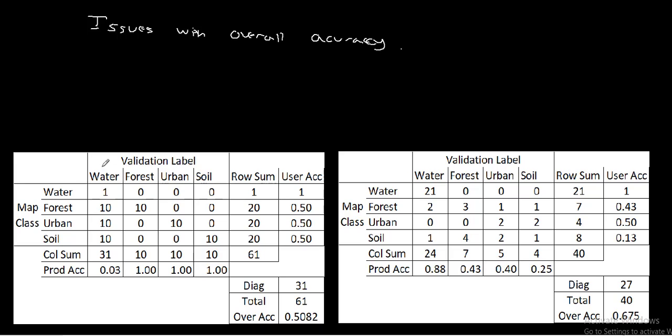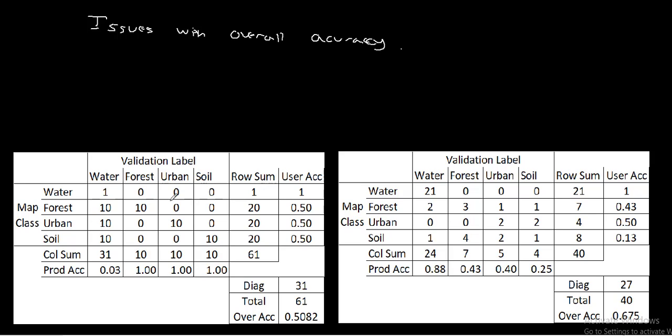So I want to draw your attention to two different classification tables, or error matrices. On the left one, we have water being very poorly classified. It has only 1 out of 31 correctly classified, so its producer's accuracy is 0.03. That's not very good.